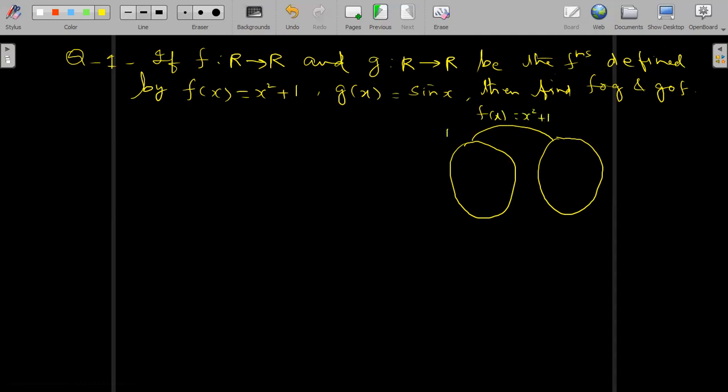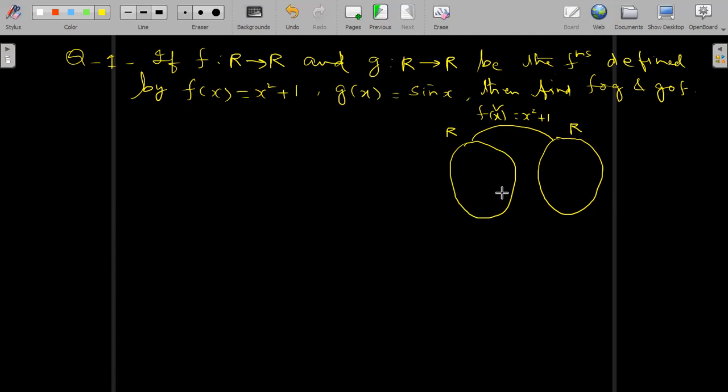This is the set of real numbers, and this is also the set of real numbers. Is there any real number which you put in instead of x that will not give any value? No. Whatever number you put here, you get the value on the right hand side. That means it has domain R.